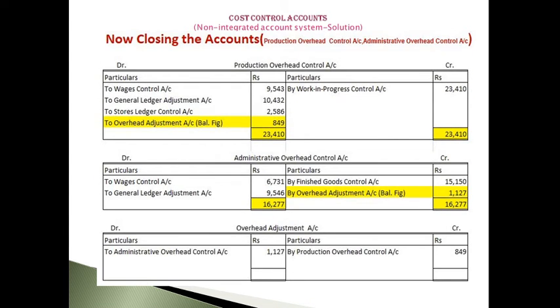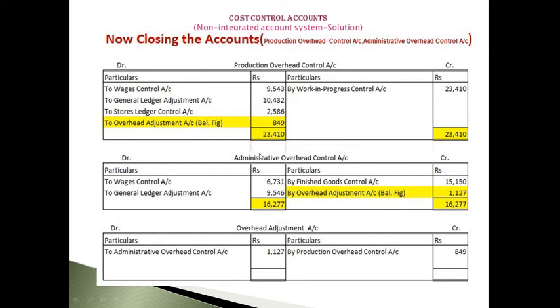Next is to close the production overhead control account and the administrative overhead control account. In the production overhead control account, the credit side is more, 23,410, put in the debit side, and there is a balance of 849. It is to be transferred to the overhead adjustment account, as the balancing figure.